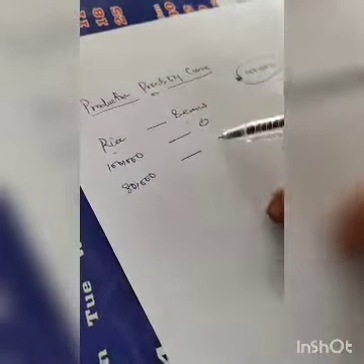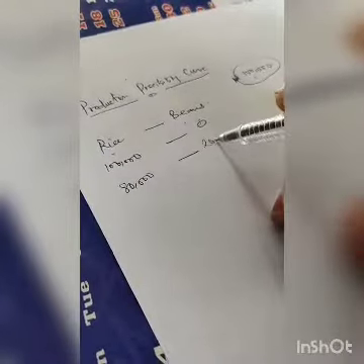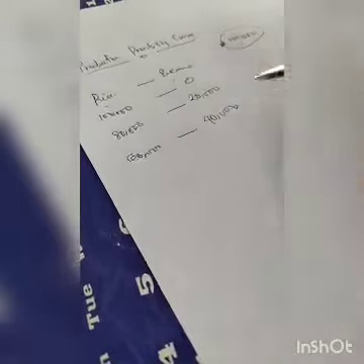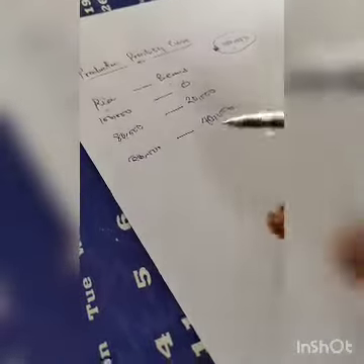Automatically, you'll be producing beans with 20,000. If you decide to use 60,000 to produce rice, automatically you are producing beans with 40,000.